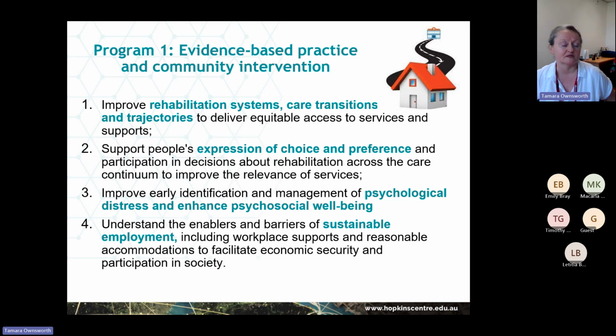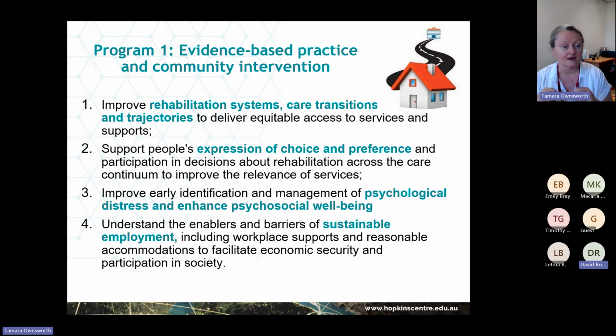The first one is focusing on mapping people's care pathways and trajectories and identifying unmet needs and issues with service access, with the overarching aim of improving rehabilitation systems, improving the care transitions across the care continuum, and supporting people's outcomes, particularly as they transition from the hospital to the community, and focusing on equitable access to services and support.